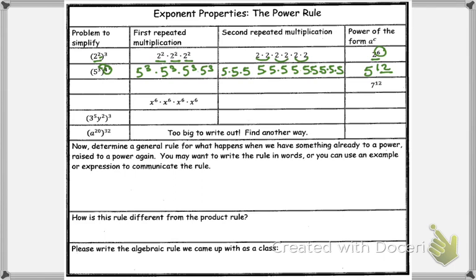So if we notice here, we have 7 to the 12th. We know we had to have 7 12 times. So 7, 2, 3, 4, 5, 6, 7, 8, 9, 10, 11, squeeze one more in here, 12. So we had it 12 times. So we can think about how can we break that up in order to get our first repeated multiplication.